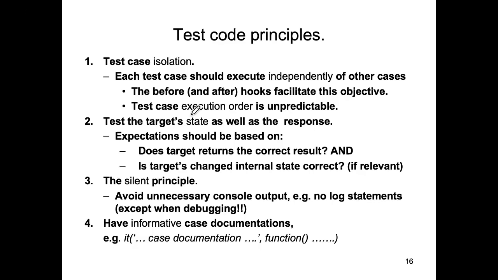That may not be obvious from the result returned by the method, because let's say the method might return a Boolean true or false. Yes, I carried out that task successfully. And you would state an expectation that it did return true or false. But in addition, you should also code expectations around the state of the target object. And you'll see examples of that in the lab. But it's one that people forget quite a lot.